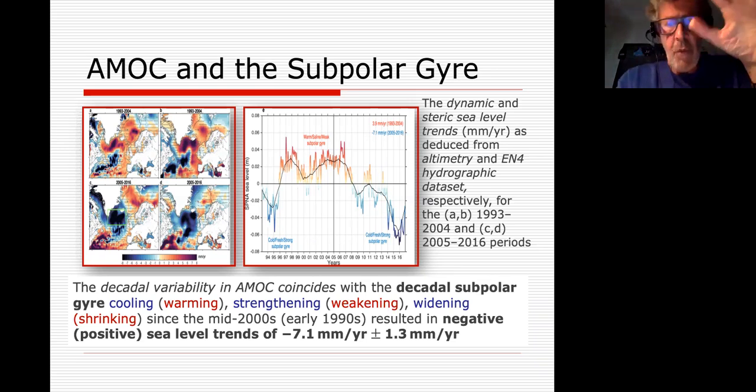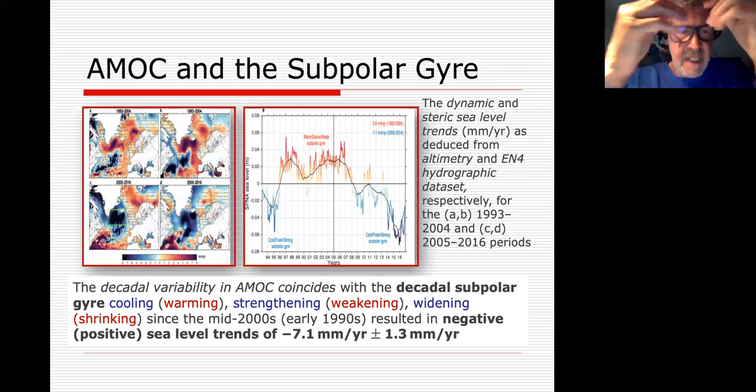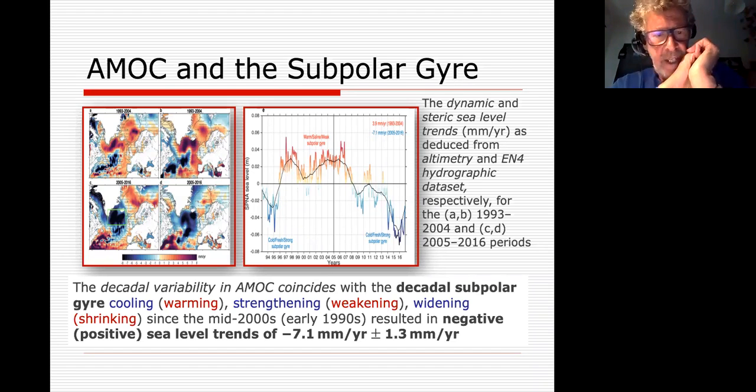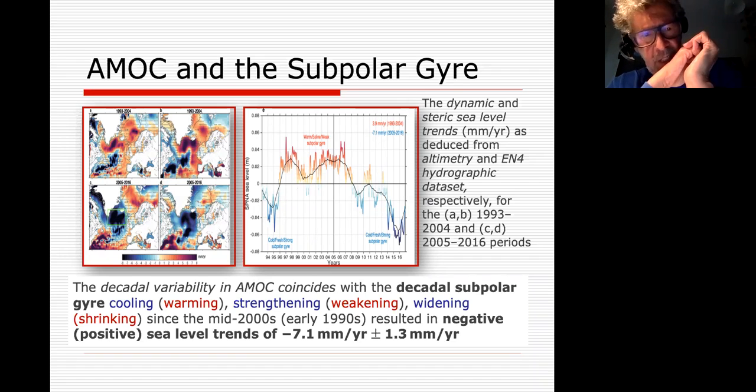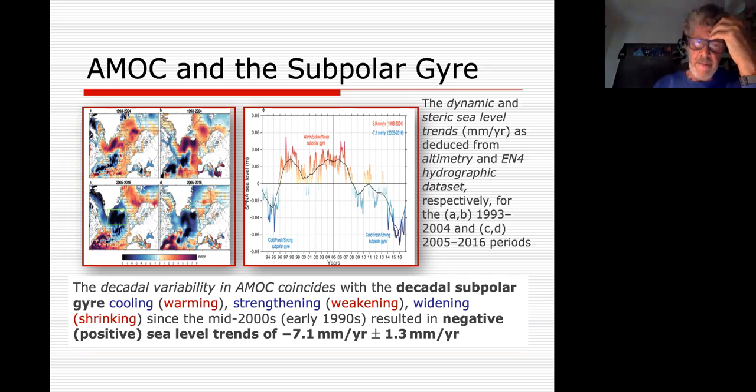So if the water column gets warmer or colder, then we have this kind of anomaly in the circulation of the gyre, and it is quite interesting that this variability mimics quite well the dynamic of the Atlantic meridional ocean circulation.